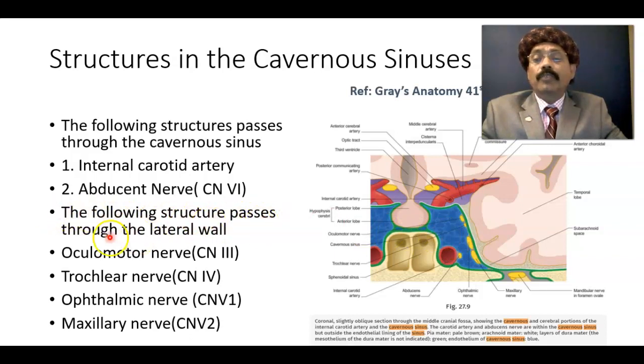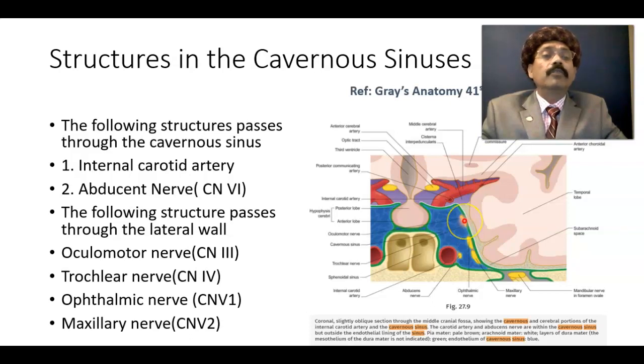The following structures pass through the lateral wall. What are those structures? These are the third, the fourth, the ophthalmic division of the trigeminal nerve, and the maxillary division of the trigeminal nerve. The third nerve is the oculomotor nerve and the fourth nerve is the trochlear nerve.